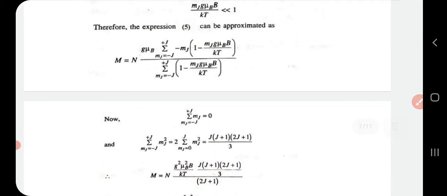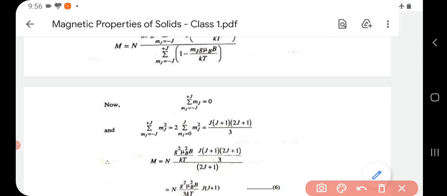Now we make two assumptions: the summation of mj from minus j to plus j is 0, and the summation of mj square from minus j to plus j has this value. When that summation becomes from 0 to j, you multiply it by 2, as you have studied in your maths classes. Mj square is written as such.